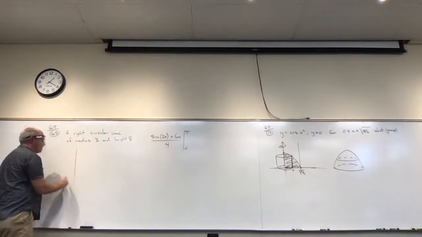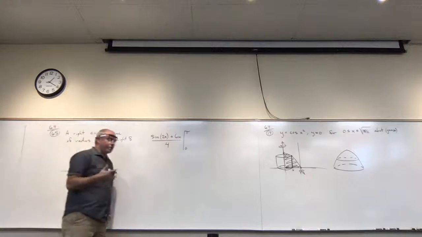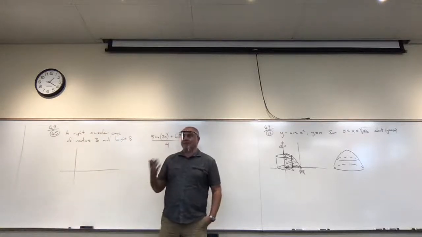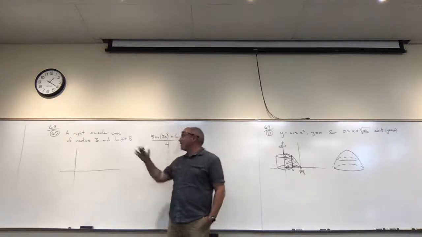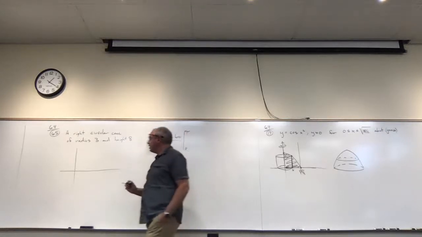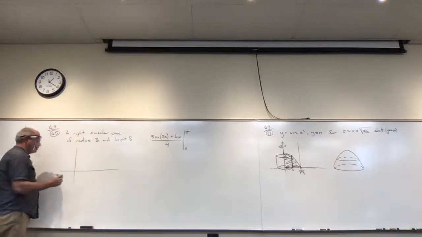I think the easiest way to draw this, and remember, we want to create a cone by spinning something around the axis and then get the cone that we wanted. So this is the way that I'm going to do it. It's not the only way.